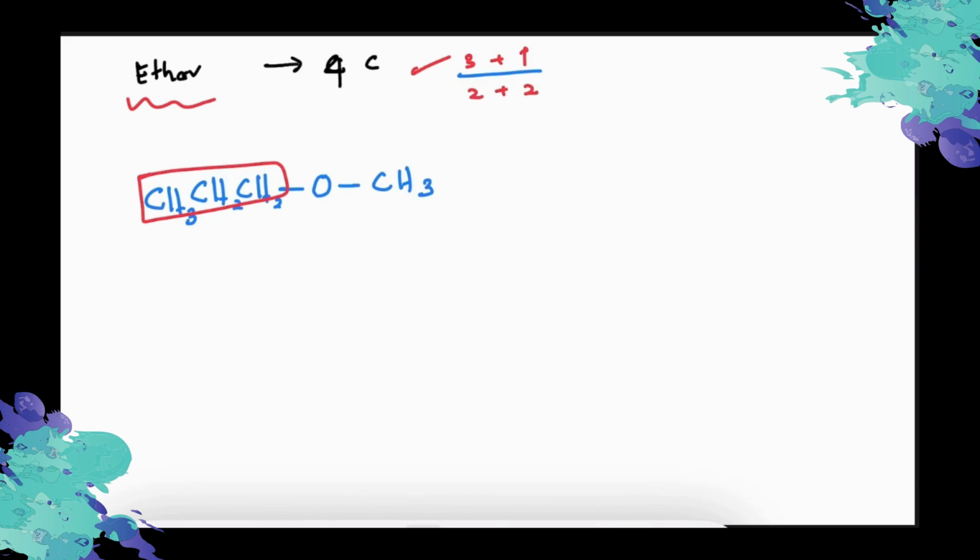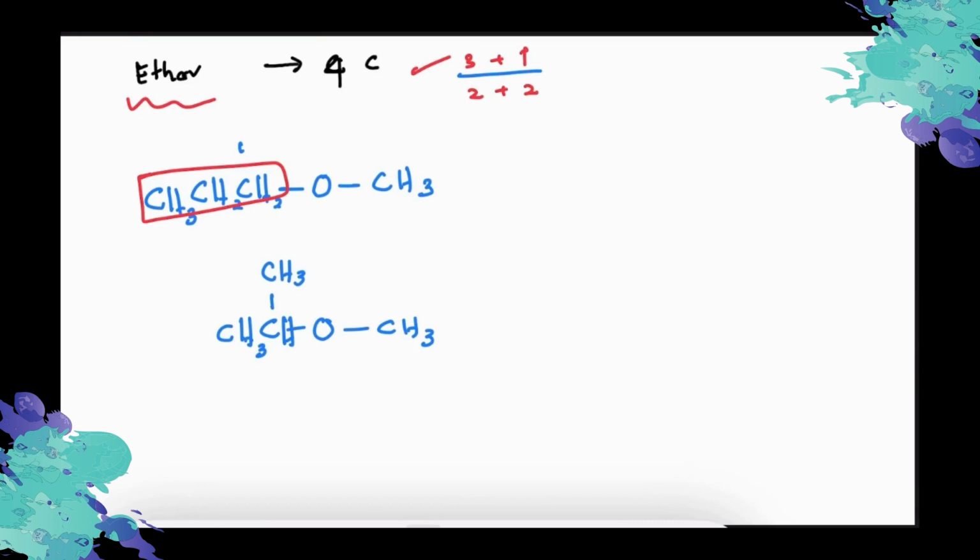Can we change the chain? So this is attached to the first carbon. Maybe we can change the chain. So it attached to 1 and CH3.